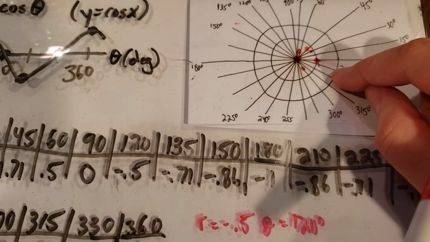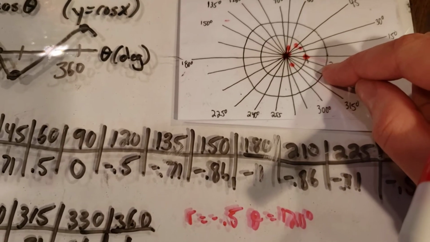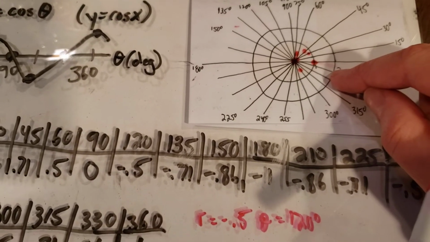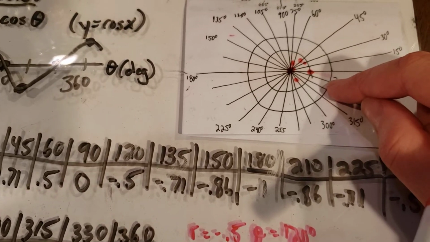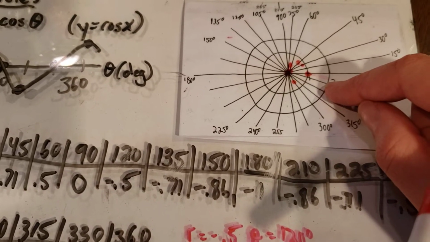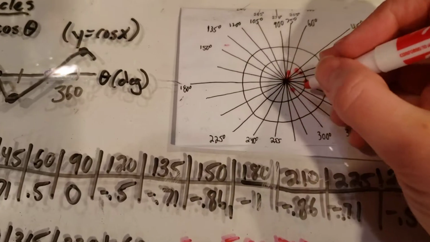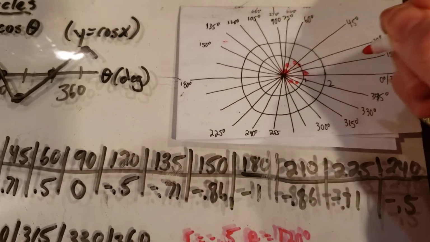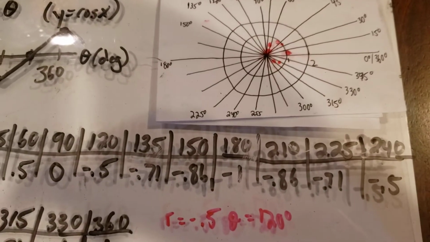Next, -0.71, 135. That would become 0.71, and then 135 plus 180 is going to put us at 315. So 315 is going to be 0.71. And then 150, and r is -0.86.